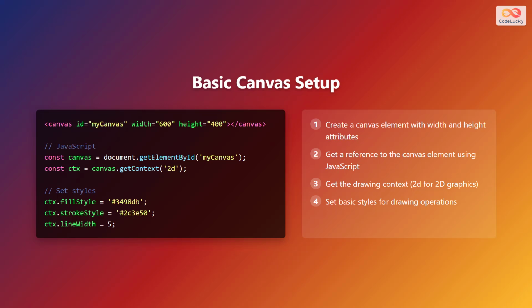Then obtain the drawing context, which is typically 2D for two-dimensional graphics. Finally, you can set basic styles such as fill color, stroke color, and line width for your drawing operations. For example: const canvas equals document.getElementById myCanvas, const context equals canvas.getContext 2d.